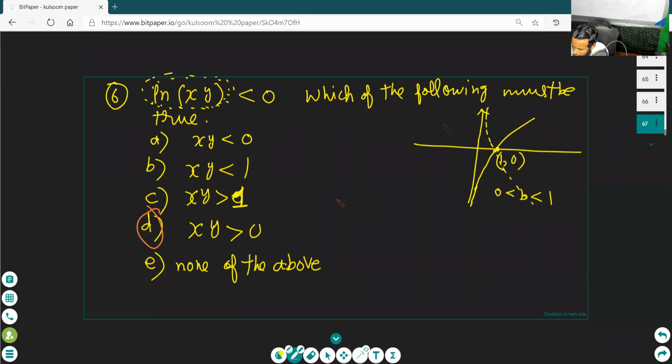Clear or not clear? Same point. So it may be negative. A good method is to check the values, which values give the negative values. Our values are also positive and negative. See here values are positive. Here values are negative. Clear? It is not a restriction, but our x cannot be negative. Okay.